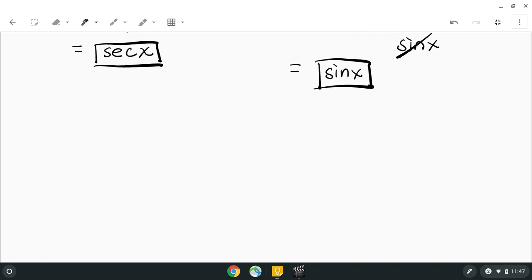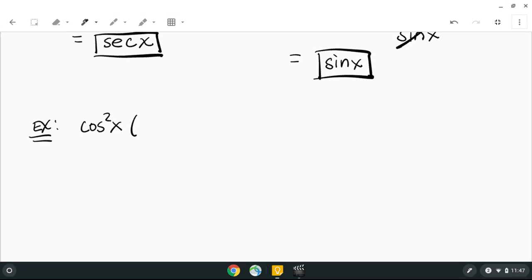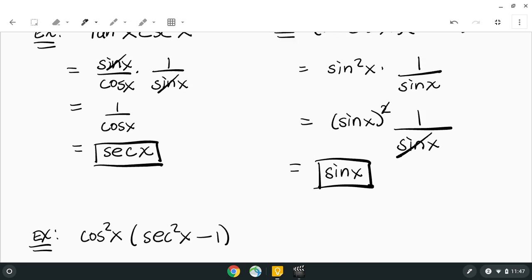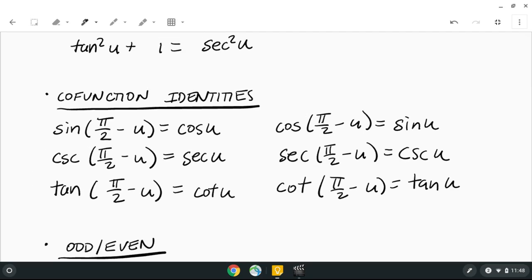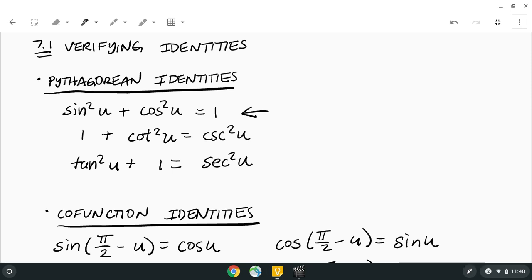Let's do one more, and then we'll do verifying. Suppose that I have cosine squared x times secant squared x minus 1. Again, here I have the square and the 1. Looking back at your Pythagorean identities, secant squared minus 1.